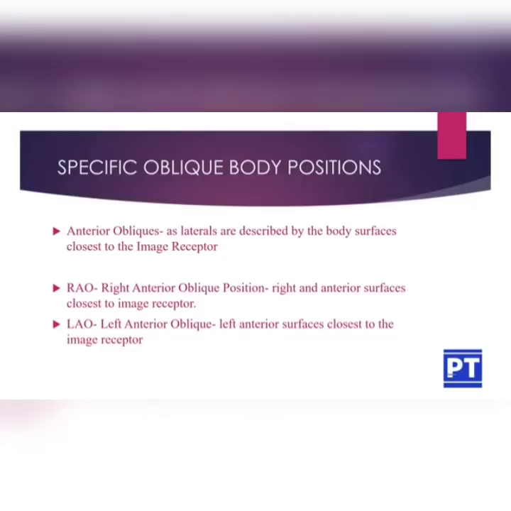In the case of left anterior oblique position, the left anterior surface will be closest to the image receptor. So it is clear, and we have got a clue from this: when we are saying right anterior oblique, you should be clear that the patient's right anterior surface is in contact with the image receptor.